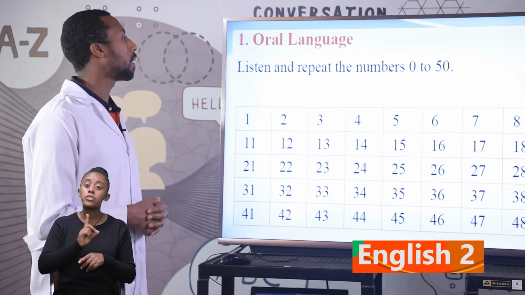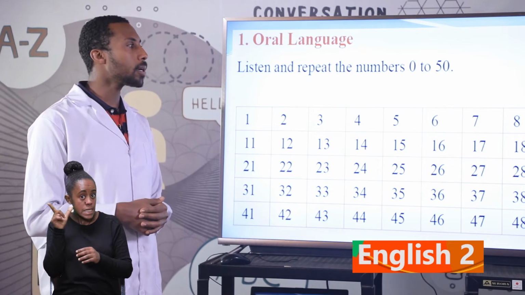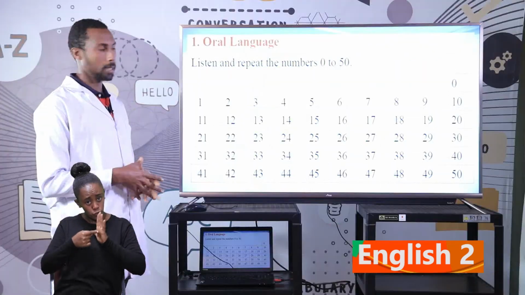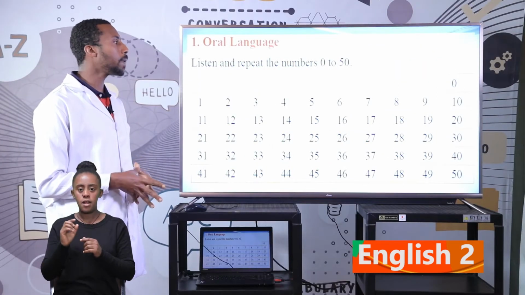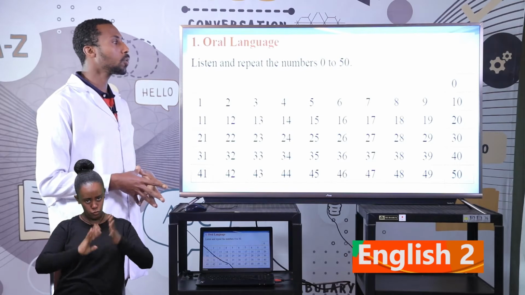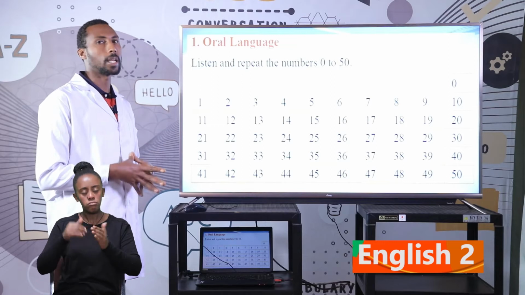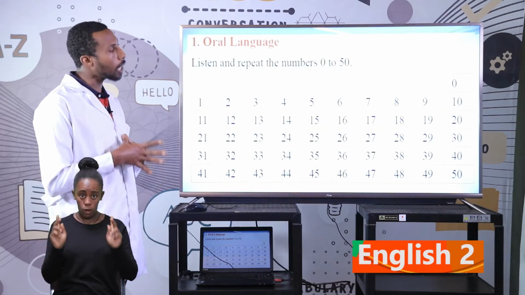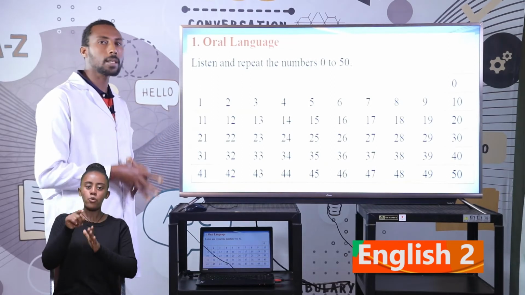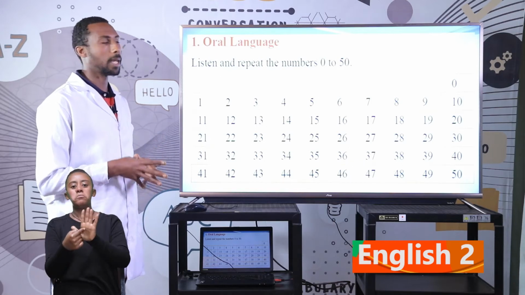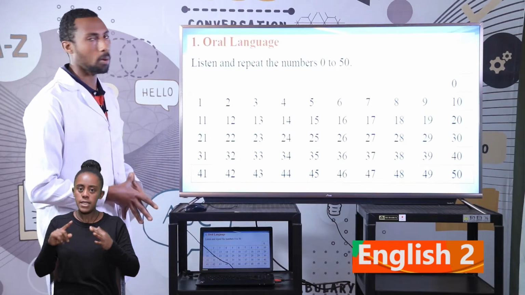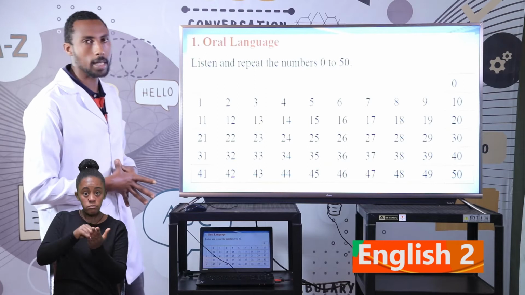It says, listen and repeat the numbers 0 to 50. Student, please say after me. Let us count the numbers. When I finish counting, you have to repeat the numbers. Let us start from 0. Say after me, students.